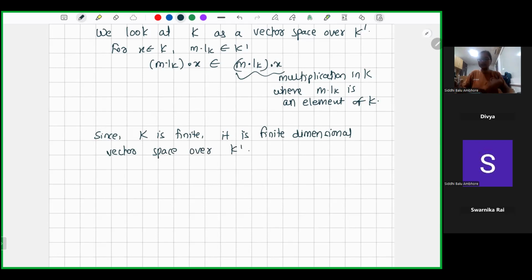So this multiplication gives me the vector space structure of K as a K' vector space. K itself is finite, it has finitely many elements. So if it has any basis over K', it will be a finite basis, and that will make K a finite dimensional vector space over K'.